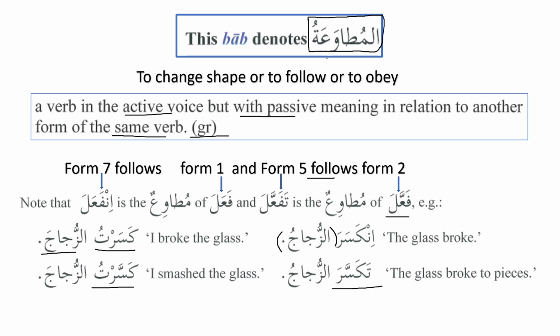Form number 5 can carry the passive meaning, and form number 7 always carries the passive meaning. All right, is this clear? It comes in sarf books, Ustad. Yes, in sarf. It's part of sarf, exactly.